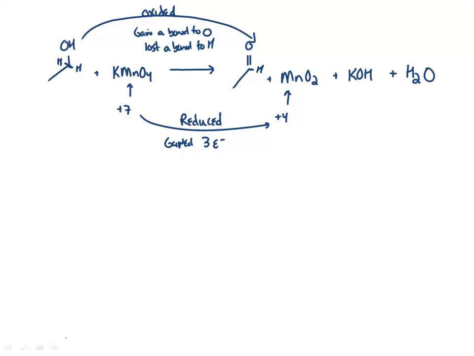Let's look at another example of oxidation reduction. So we should be familiar with this reaction. What type of reaction is it? Yeah, so we know that we go to CO2 plus water.